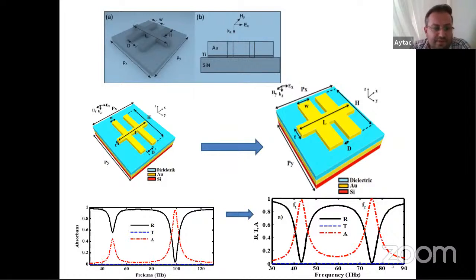The first frequency absorption rate was not enough, so in our study we changed this H model to a big or large model. We changed the geometrical dimensions, geometrical parameters, and the layer thicknesses of this structure. So we get 2 resonance frequencies, and all the resonance absorption rates are nearly unity.